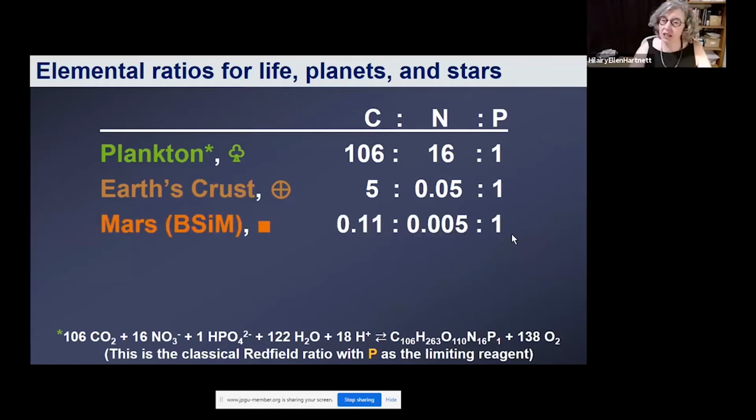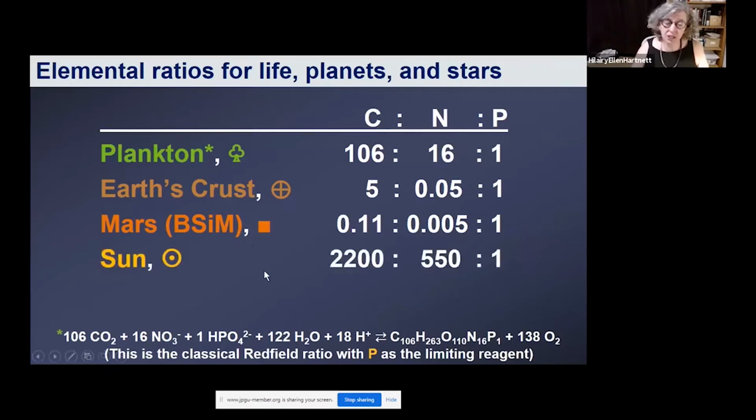I can do the same calculation for Mars. This is based on a recent published model of bulk silicate Mars composition. And you can see that Mars is actually carbon and nitrogen poor relative to the Earth. I didn't put the Earth's bulk composition into this table, but it looks somewhat like Mars.